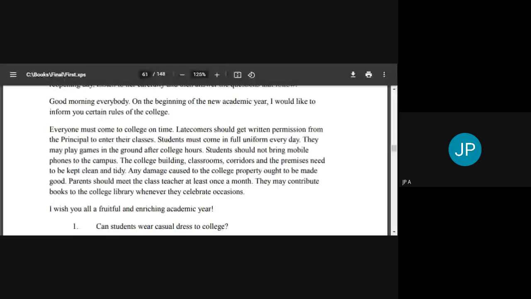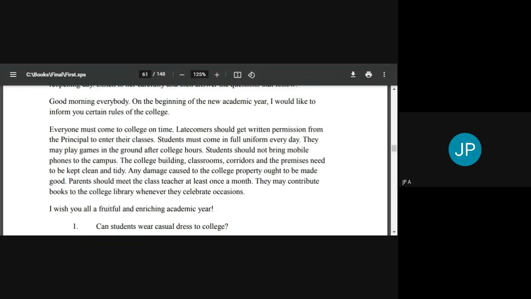So, if you look at the social function here, most of the sentences indicate the social function of obligation. Obligation is related to duties. When we are students in a college, we have certain duties, which are indicated by obligation.